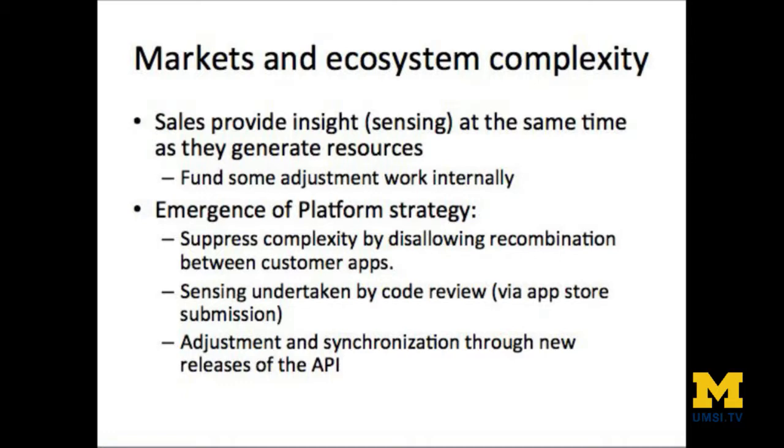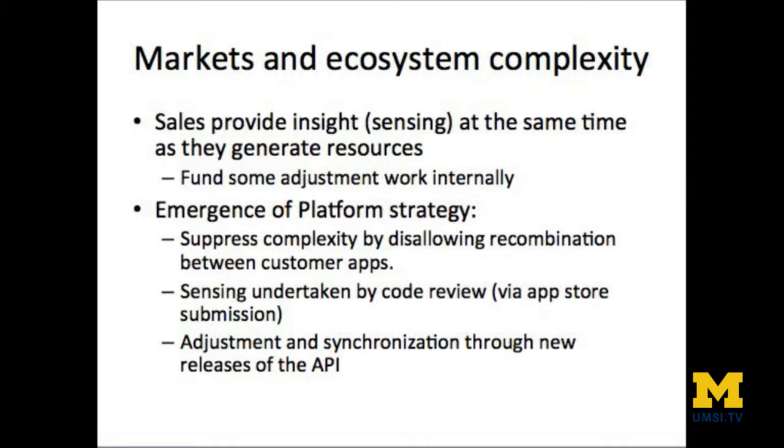And so I'm going to argue that generally what we're seeing here is the emergence of the platform strategy in, say, iPhones and Androids, where you suppress the complexity by disallowing a particular type of recombination. You disallow people to recombine the work that other people have done. So the recombination that happens is people learning new ways to use the iOS interface.